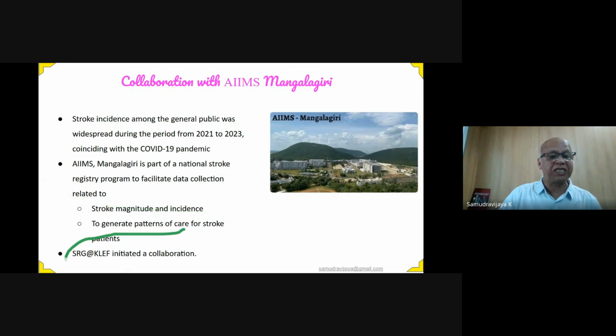So the speech research group at KLEF initiated a collaboration with AIIMS Mangalagiri to start a data collection process.